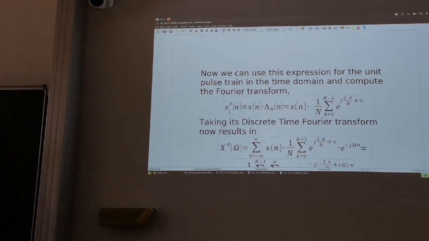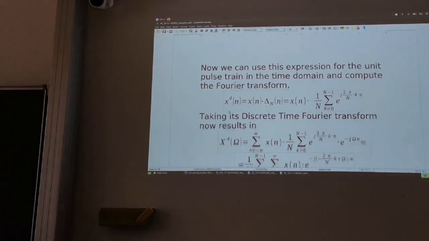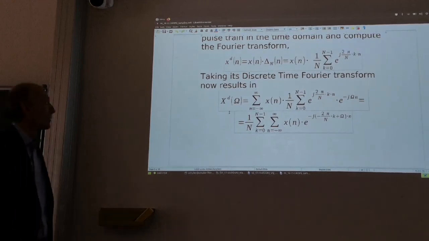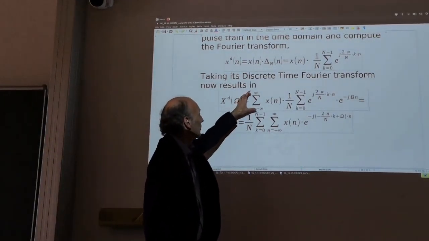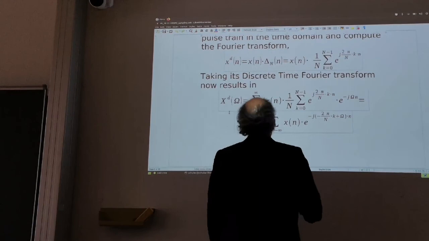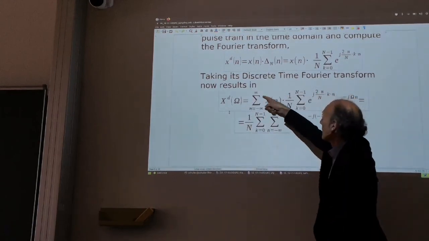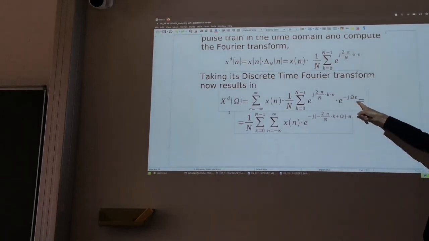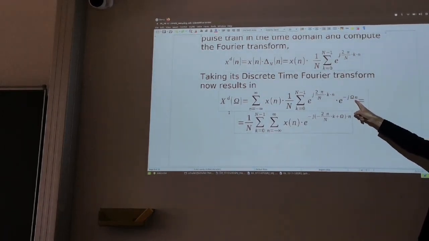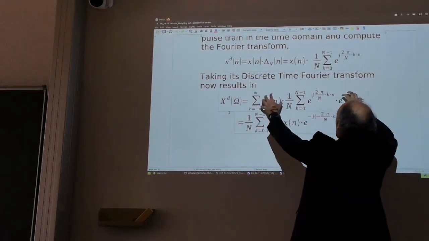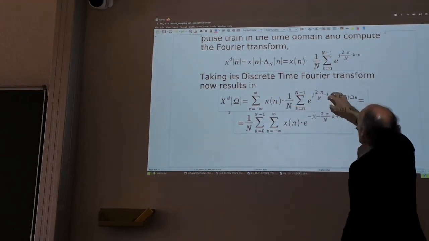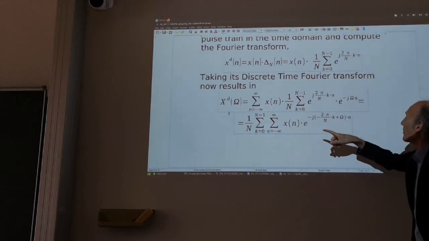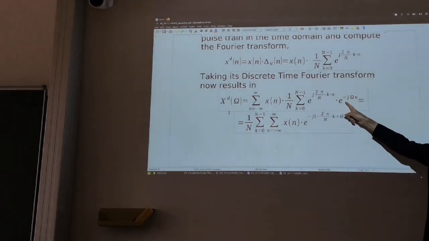And this expression, these exponentials, has the advantage that it gives us a nice Fourier transform. So here comes the discrete time Fourier transform. So here this is the sum from the Fourier transform, and this is the Fourier transform kernel, remember? And now you see that it nicely fits to the Fourier kernel.